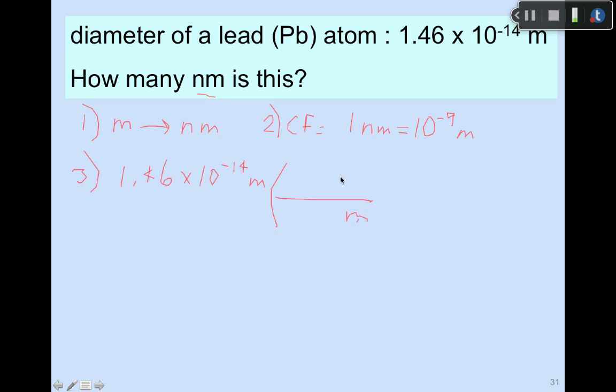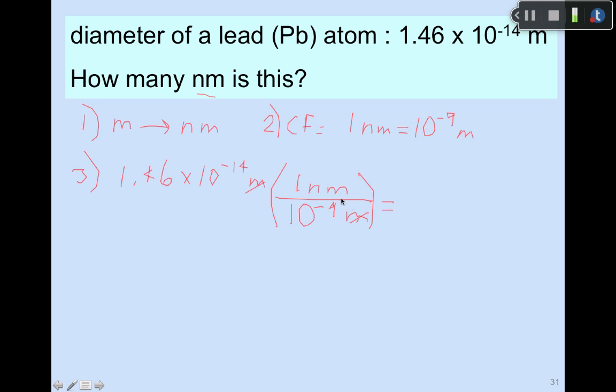And on the top, we'll put nanometers. So 1 nanometer is 10 to the minus 9 meters, exactly the way it's stated in that equivalence. And again, the meters are going to cancel. The answer this time is nanometers. The last one was a different unit than this.